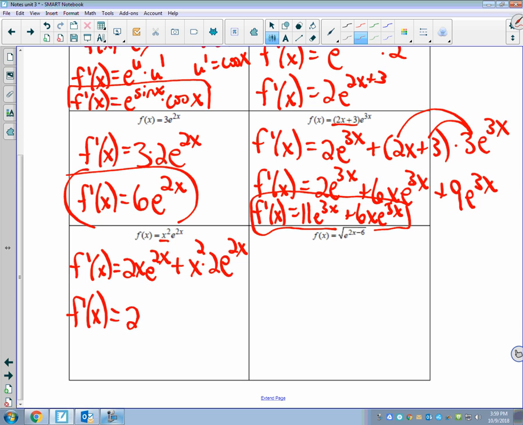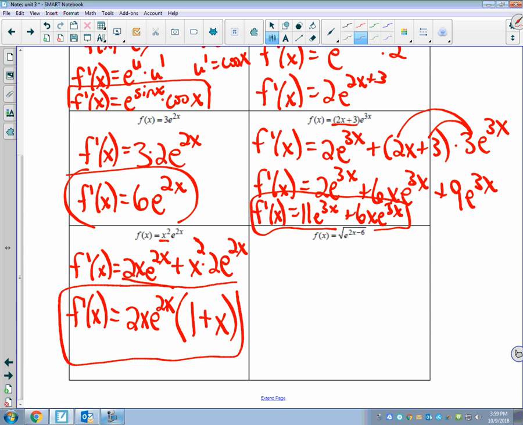I can factor out a 2, an x, and an e to the 2x. 2x e to the 2x. That's all of this, right? So that would just be 1 plus x. Because I have x squared here. I took out the 2. Yeah. So thinking ahead to maybe solving these equal to 0, that would be a good thing to factor. I'm going to leave that as my derivative.